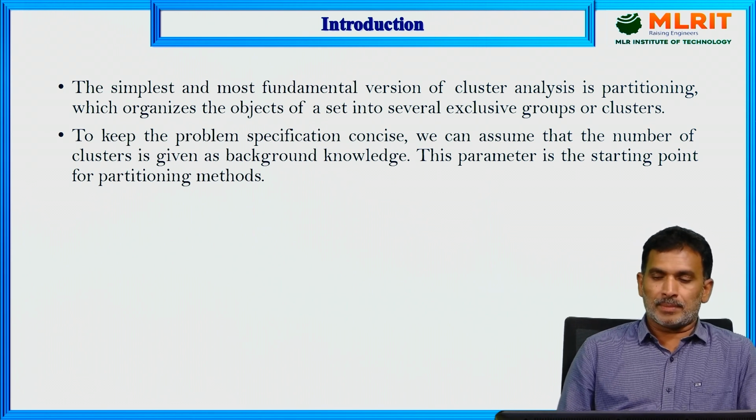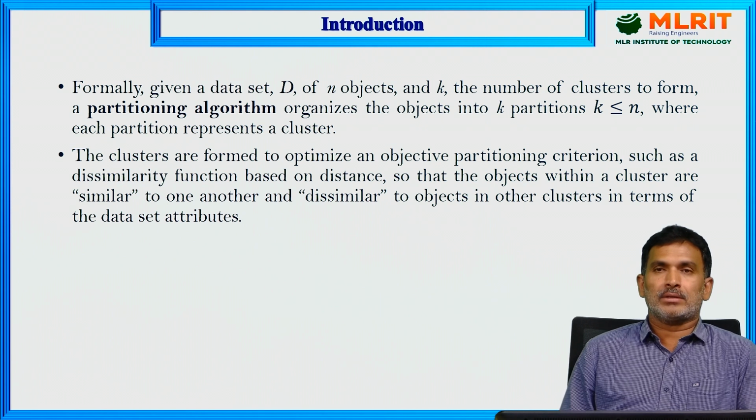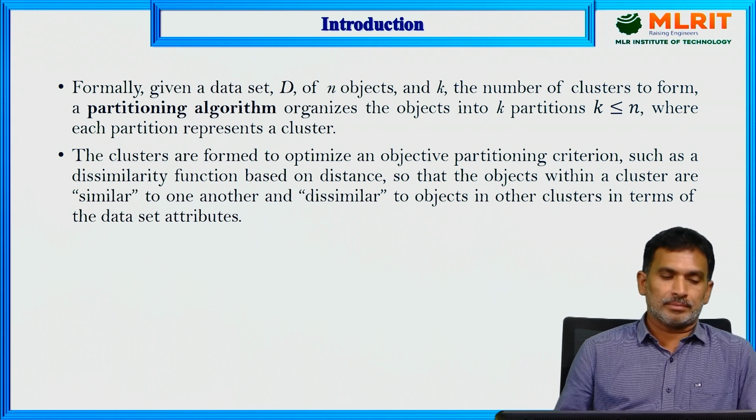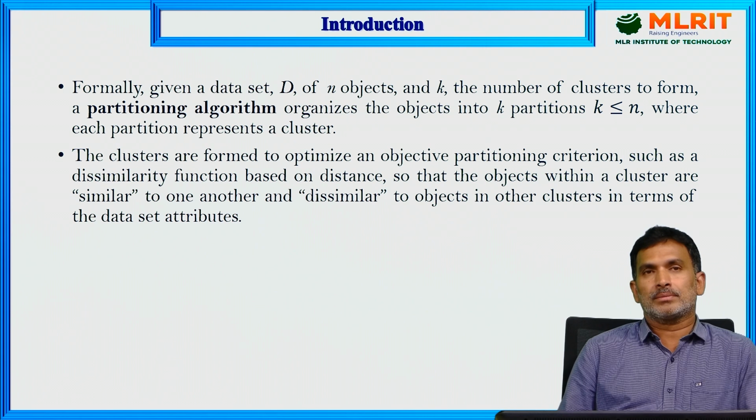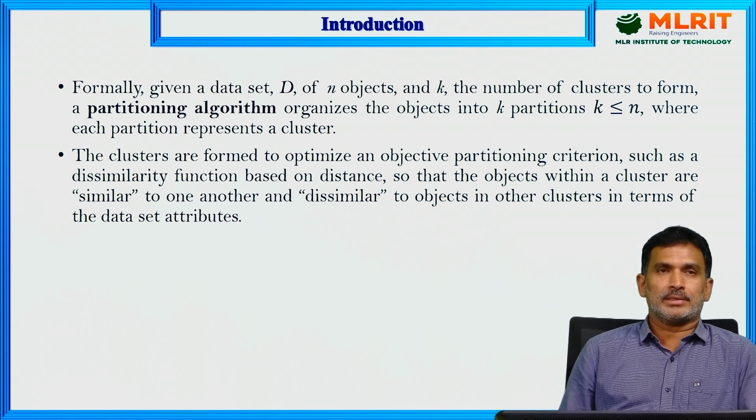This parameter is the starting point for partitioning methods. Formally, given a data set D of n objects and k, the number of clusters to form, a partitioning algorithm organizes the objects into k partitions, where k is less than or equal to n. Each partition represents a cluster.